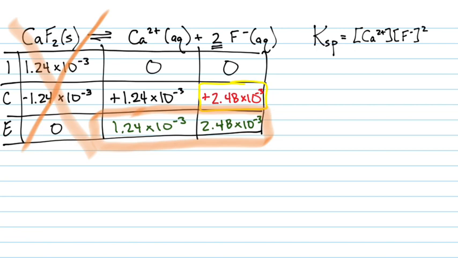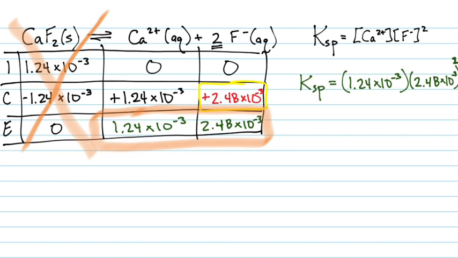But then I can use that in my KSP expression, and I can solve for KSP. That number needs to be squared over there. Is that 2 showing up on there? I'm squaring that last number.